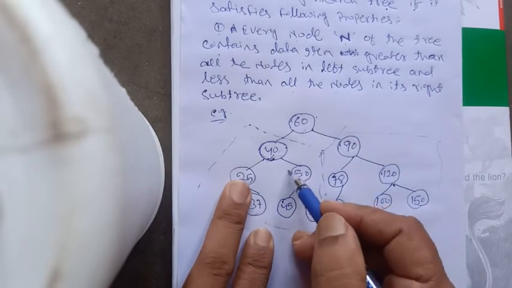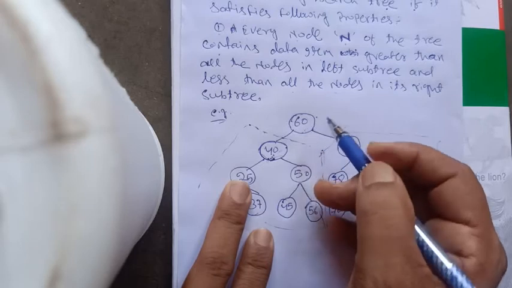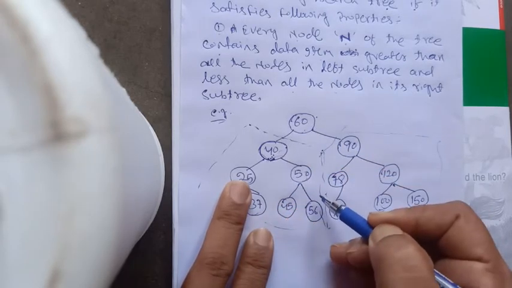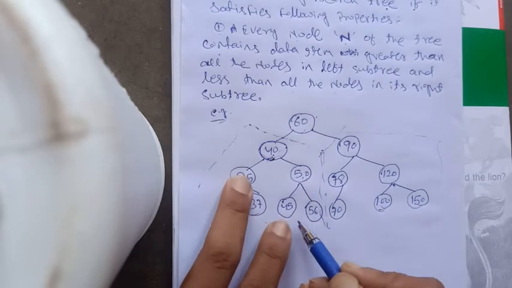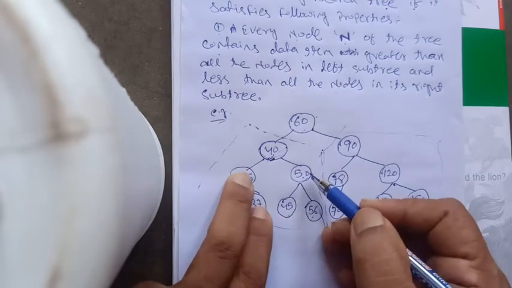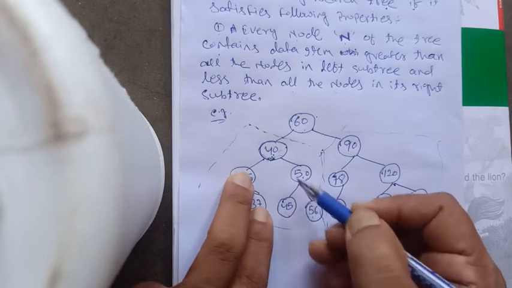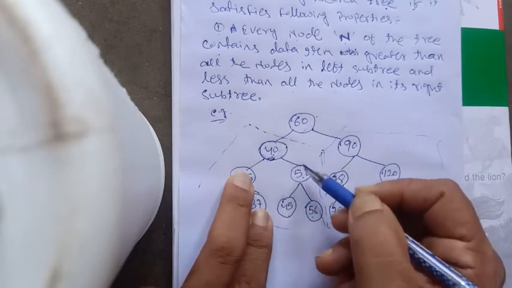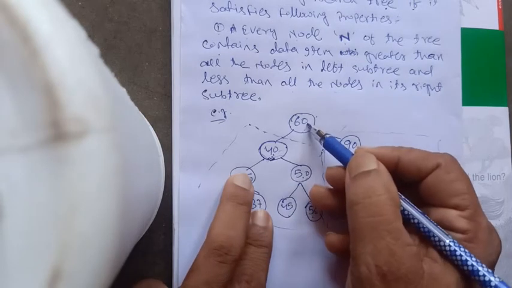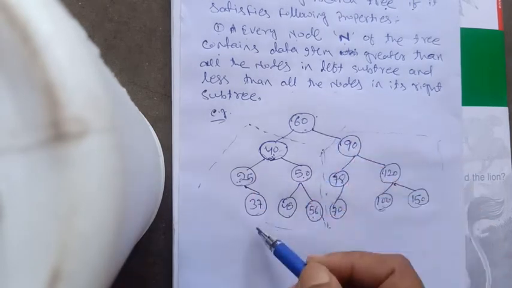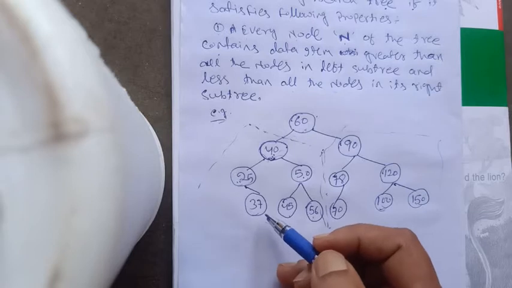Because all these nodes are in the left of 60 but in the right of 40. So 40's right contains 50, 45 and 56. These three nodes are present in the right of 40, so their values are greater than 40, but these three values are less than 60. I hope you got this information.